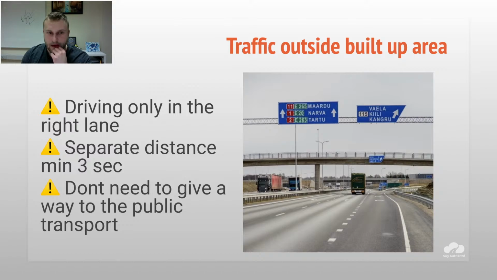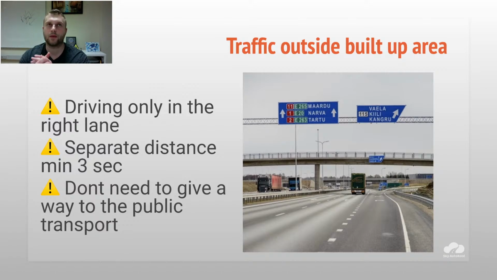Separation distance, minimum 3 seconds between cars. Or if I say it in another way, if your speed limit is 90, the separation distance has to be equal to your speed limit, so 90 meters. In the city, separation distance has to be half of your speed limit.